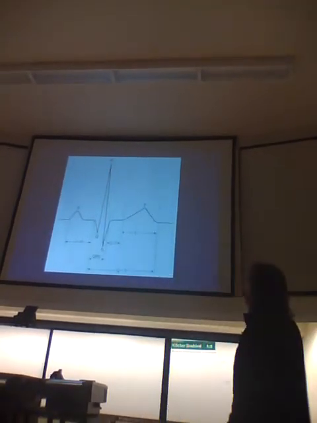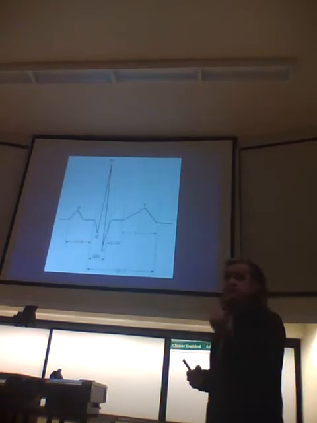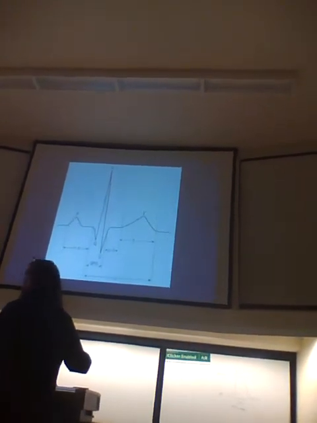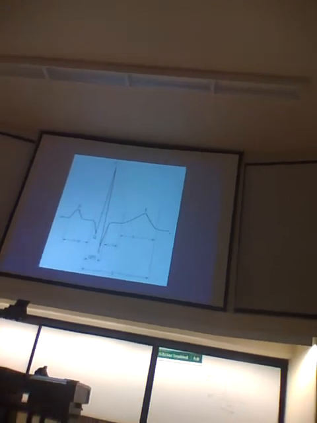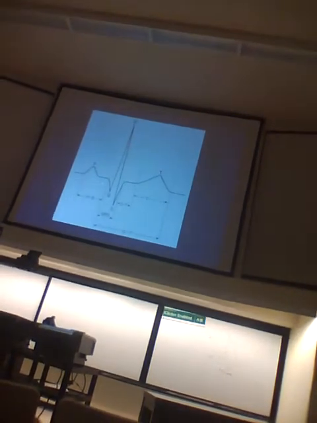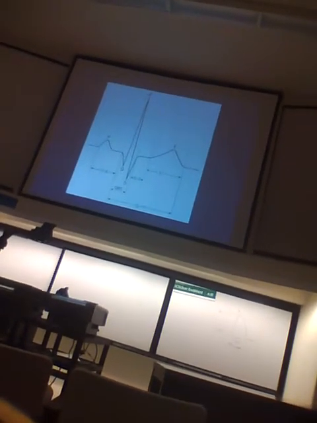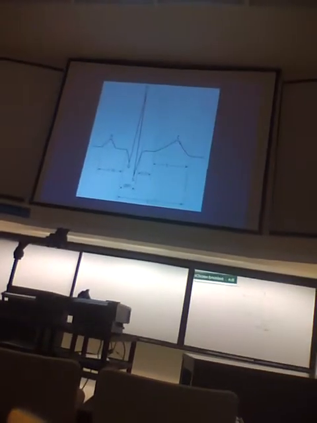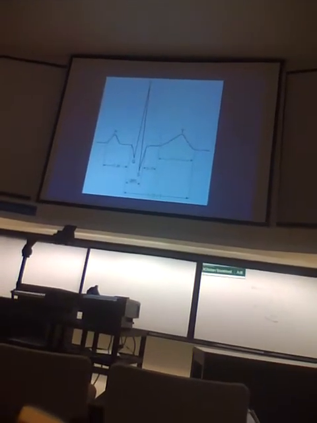Because the first deflection is the actual activation of ventricular tissue. So the PR interval consists of a lot of things, not just simply depolarization of the ventricles, and it includes the conduction time through the atrioventricular node. So the atrioventricular node time is part of it.